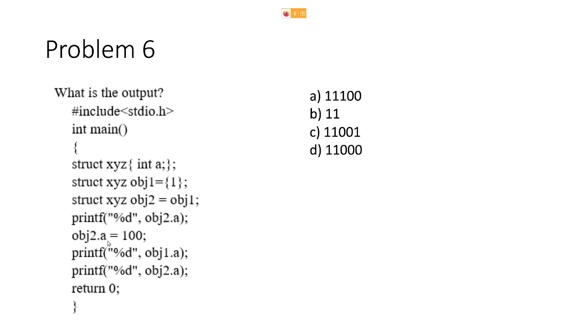Then you are changing the value of member a in object2, and then you are printing the value of member a in object1 and object2. There is no new line operator, so everything will be printed without any spaces or new line, and these are your options, and you have to tell which is the correct option.